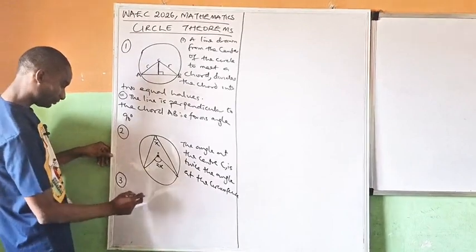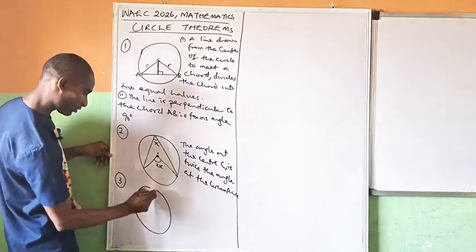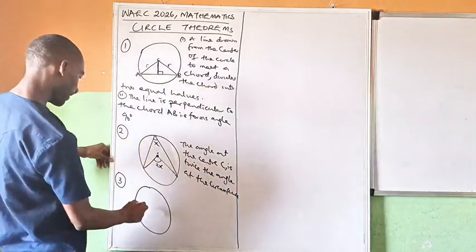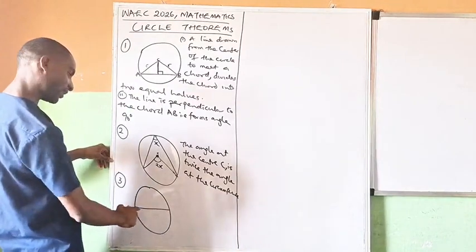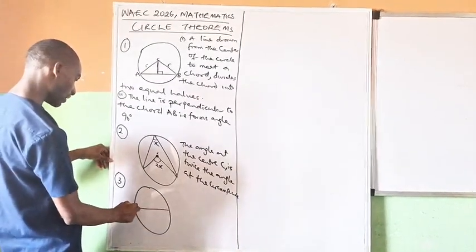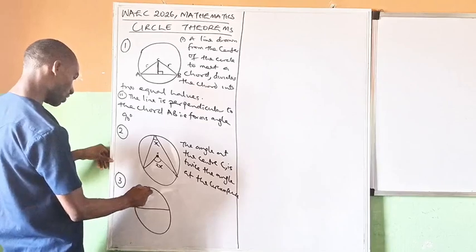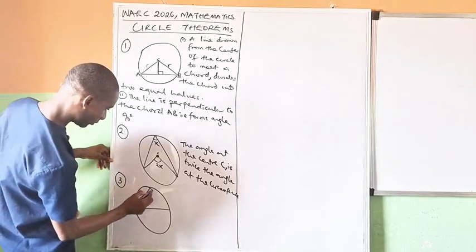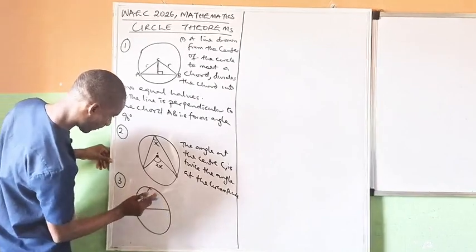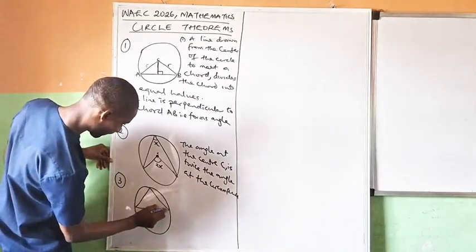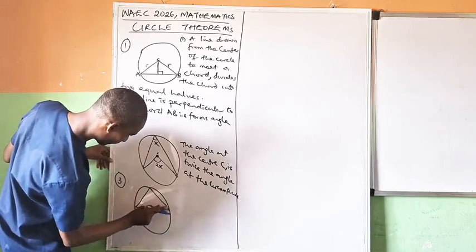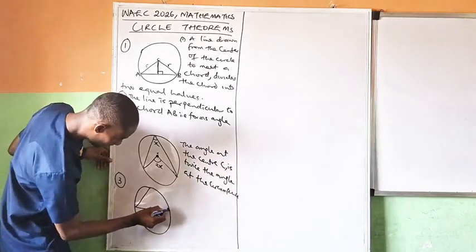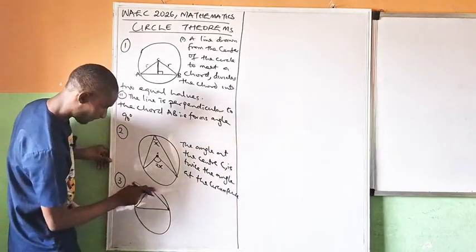Number 3, if I have a circle, and then I have a diameter that cuts the circle into 2 equal halves, and then I have a chord here, I have another chord here, pardon my line.